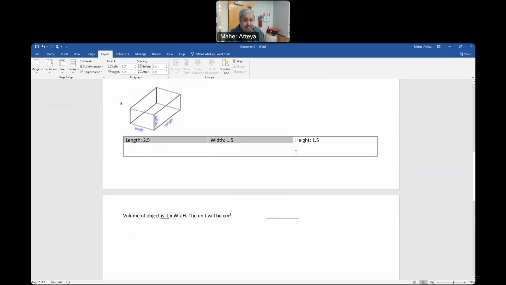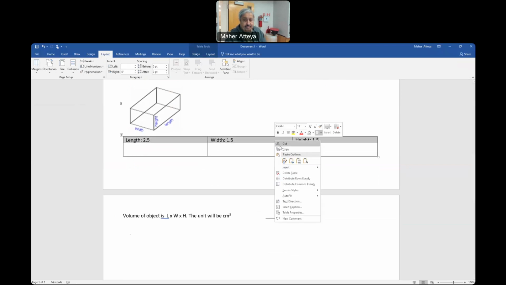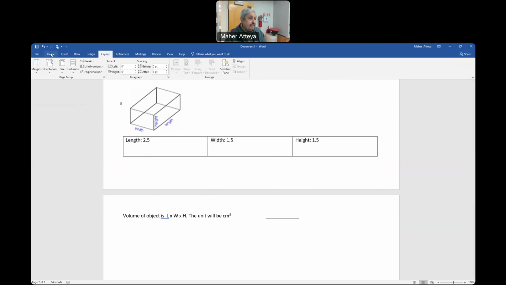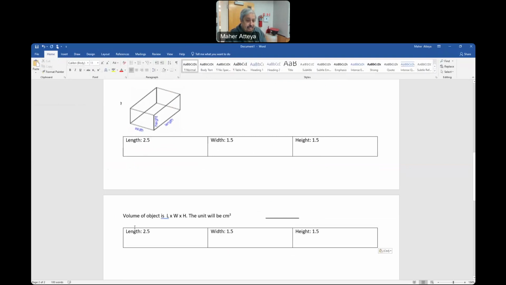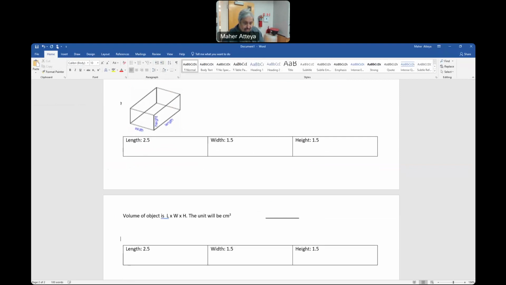Take the whole thing, copy. Now the numbers are here, so paste. That's, you say here, that's for the actual one, for the wooden object dimensions.